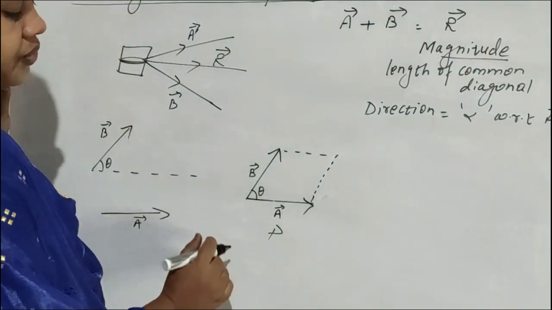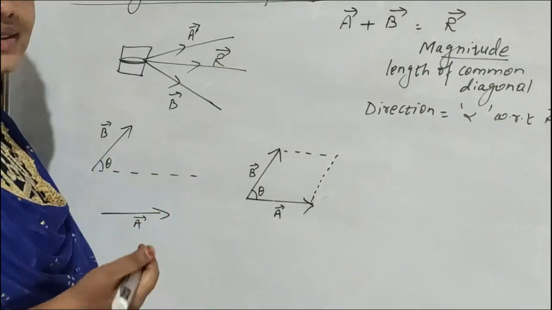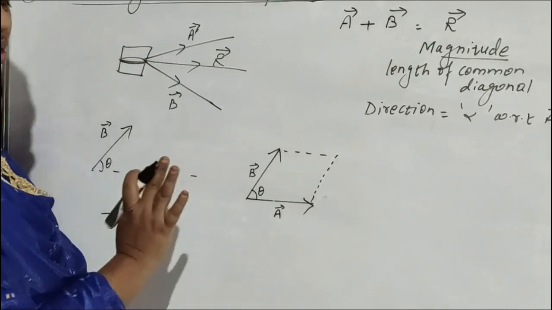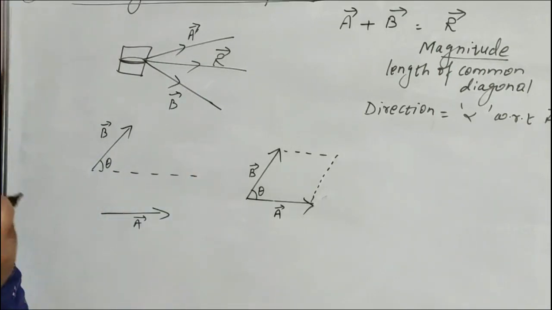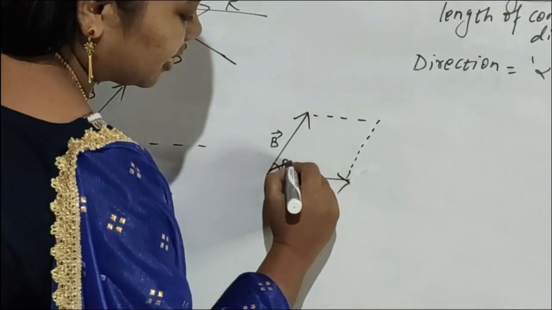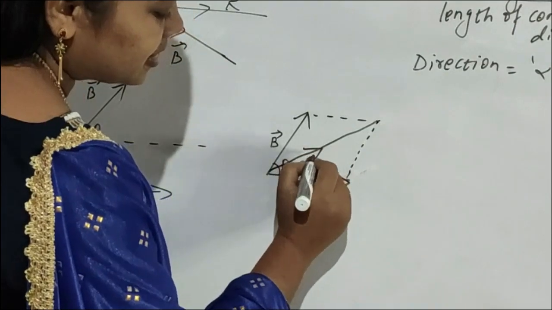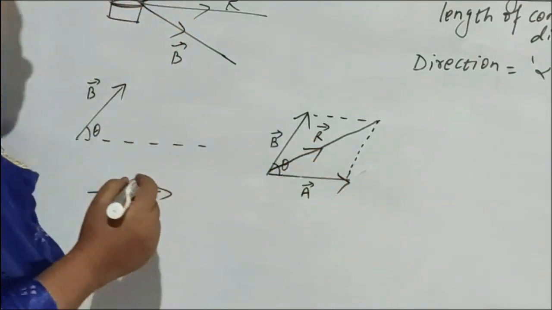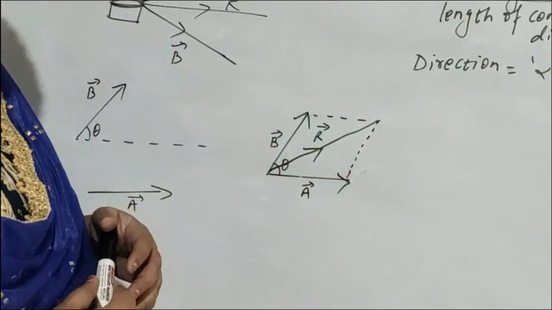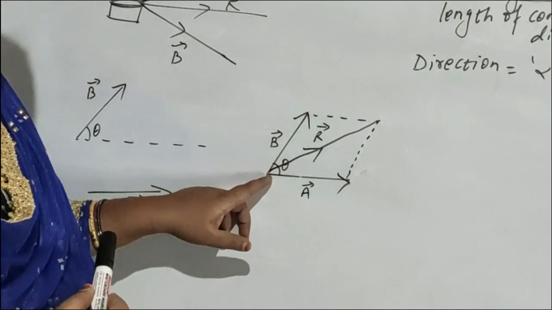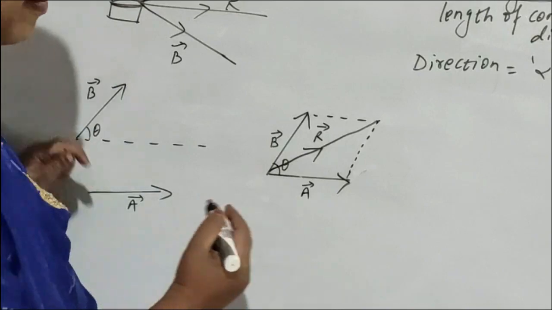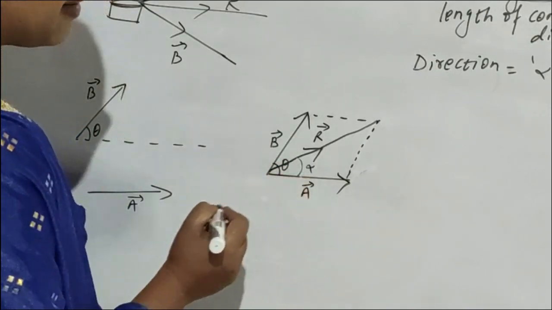Okay, so now you have to see what the resultant vector is. A vector, B vector added tail to tail, the angle between them is theta. Now, what is the resultant vector? The resultant vector is the common diagonal of this parallelogram. Now the R vector is a diagonal, and the diagonal of this parallelogram makes angle alpha with the A vector.